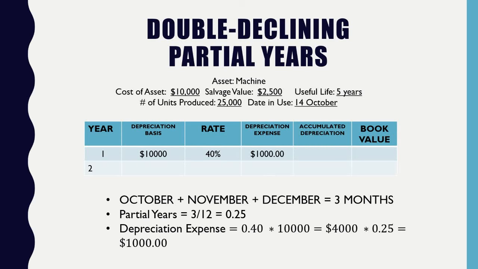Whichever way you get the answer, whether you use 25% or 3 divided by 12, which is also known as 1/4, you multiply it by the depreciation expense, which in this case is 4,000 divided by 4 gives you 1,000, or 4,000 times 0.25 should give you 1,000.